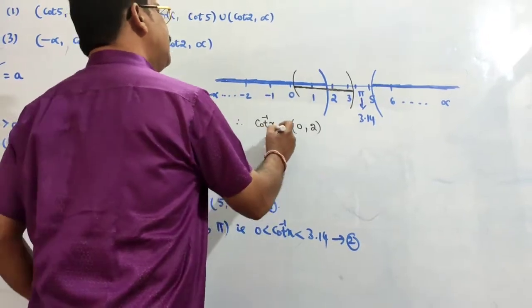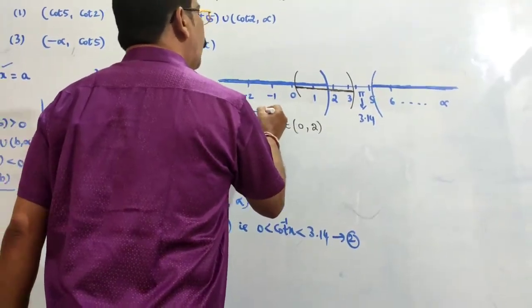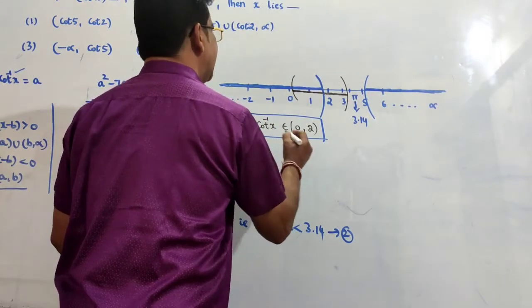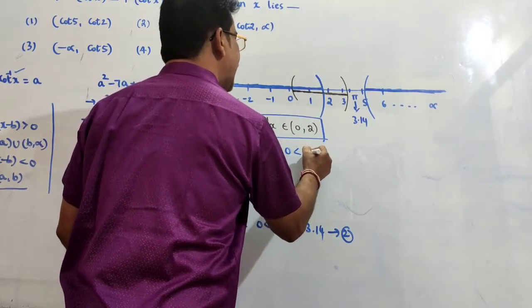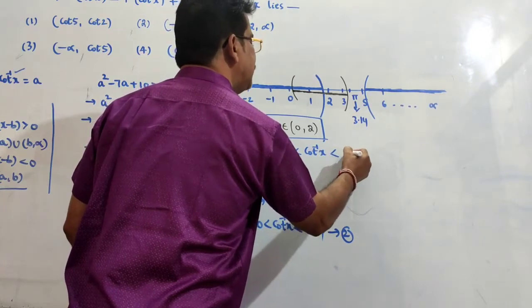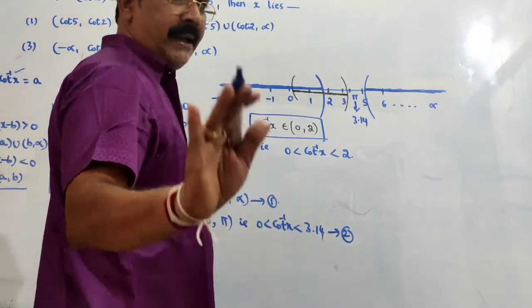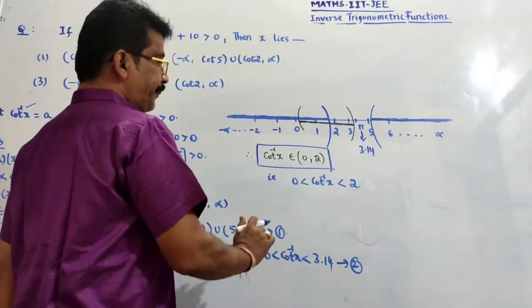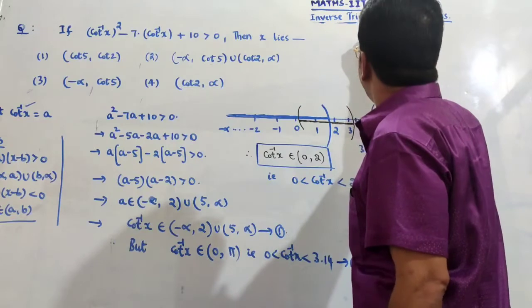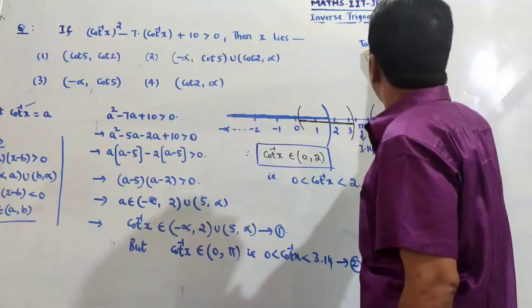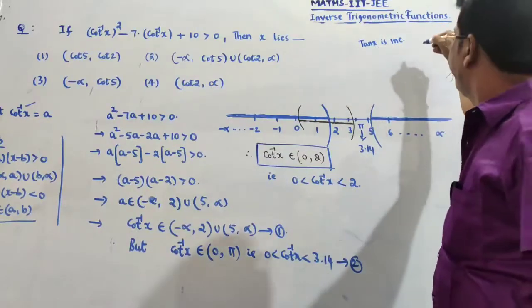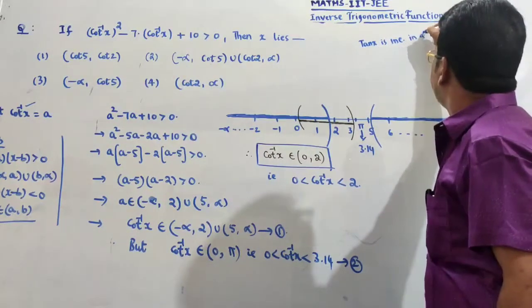Here, cot inverse of x belongs to the open interval 0 to 2. That is, 0 is less than cot inverse x is less than 2. Remember the main point: tan x is an increasing function in all quadrants.